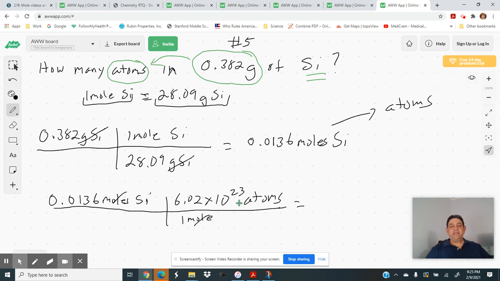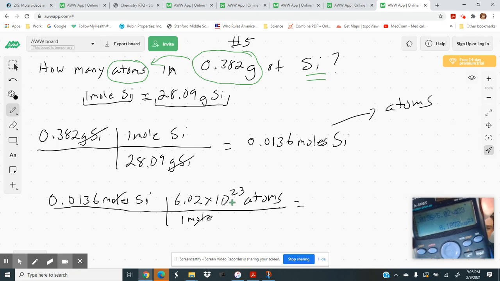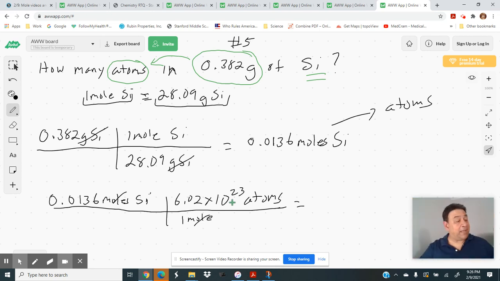So what this is telling me is I need to take 0.0136 and multiply it by 6.02 times 10 to the 23rd. I'm going to do that with my calculator. 0.0136 times 6.02 times 10 to the 23rd. And what I get is 8.19 times 10 to the 21st. That's the answer.